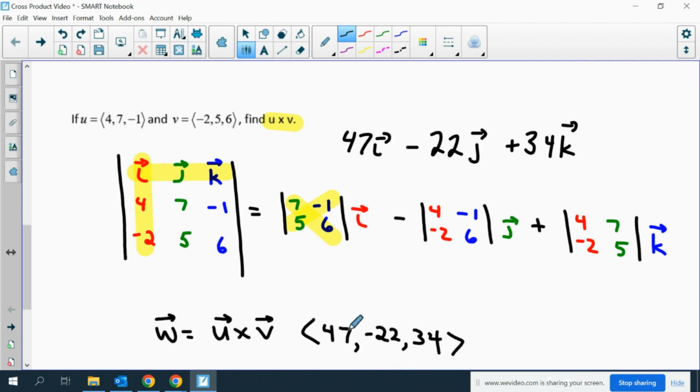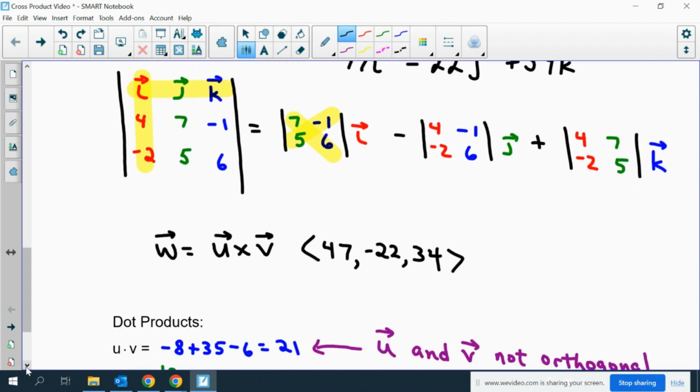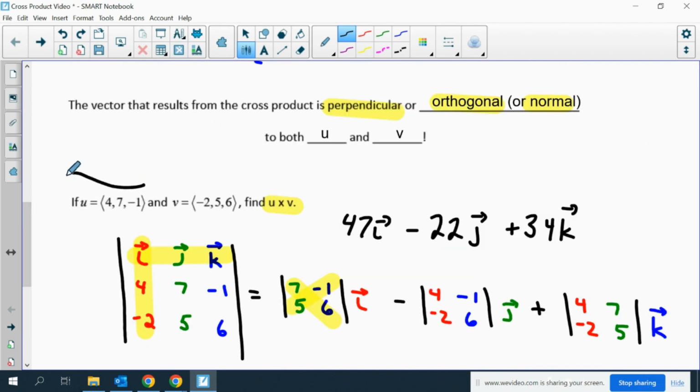And we're going to confirm that this is orthogonal to both u and v. So first what we're going to do is do the dot product of u and v, and we see that we get 21. So u and v are not orthogonal. That's something that's not required. When we do this, we can just take any two vectors. You can pick any two vectors that you want, take a cross product. These two vectors are not orthogonal.